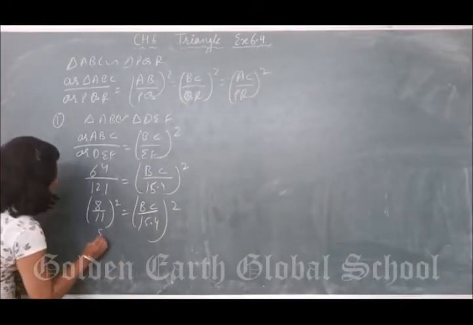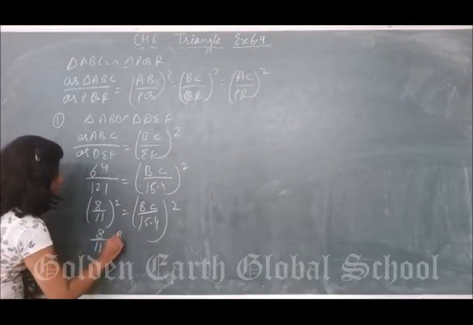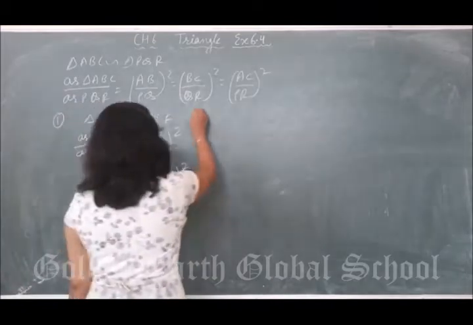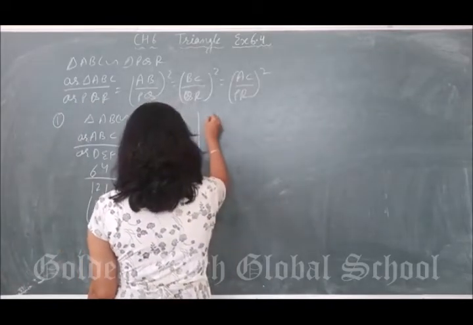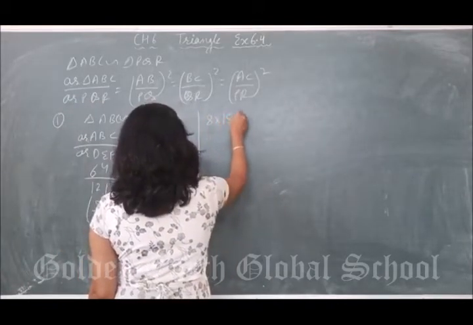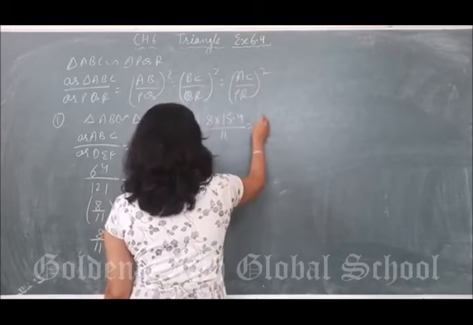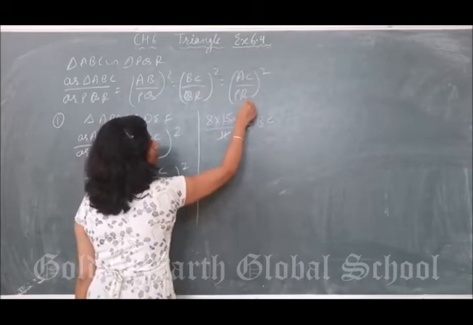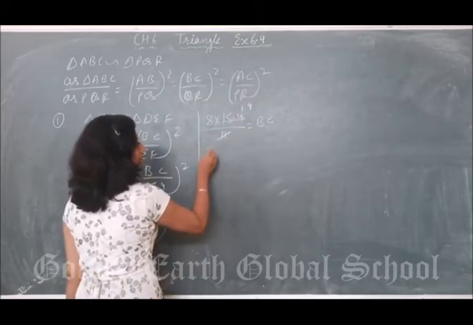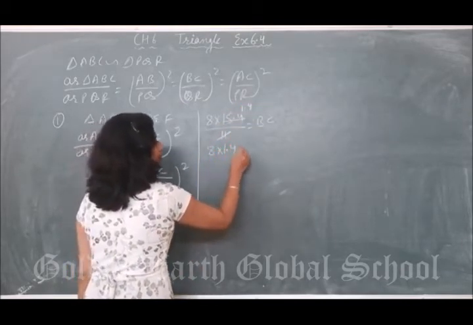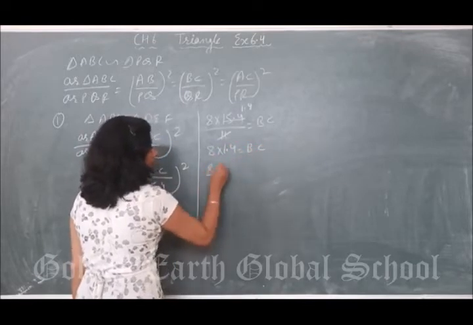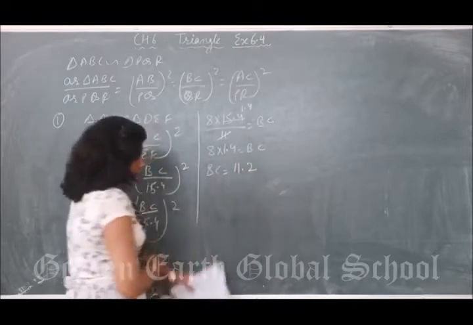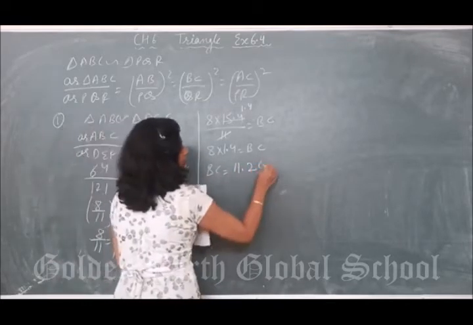So we can say 8 upon 11 is equal to BC upon 15.4. Cross multiply: 8 into 15.4 upon 11 is equal to BC. Simplify it. 11 ones are 11, 11 fours are 44. 8 into 1.4. So BC is equal to 11.2 centimeters.